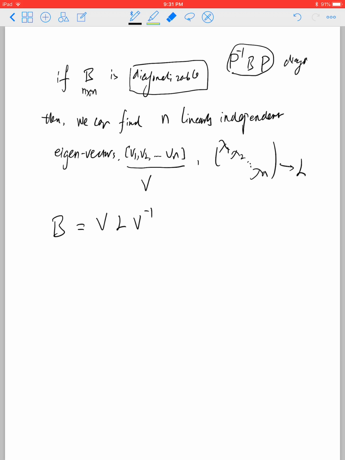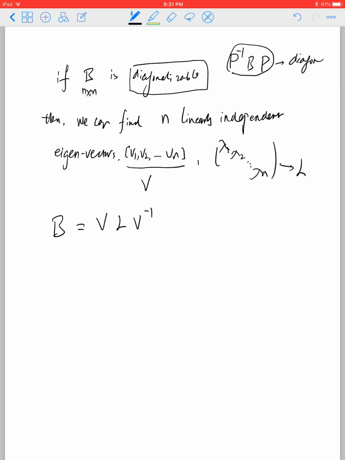which we denote by V1, V2 to Vn, and we stack them together to get a matrix V. Their corresponding eigenvalues we can form into a diagonal matrix: lambda 1, lambda 2 to lambda n.